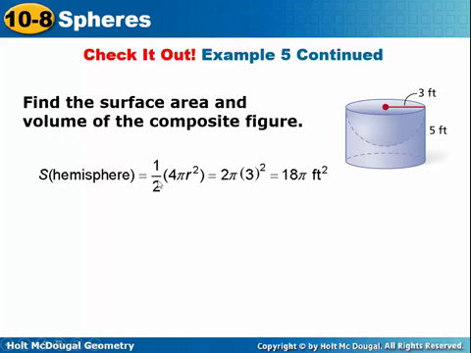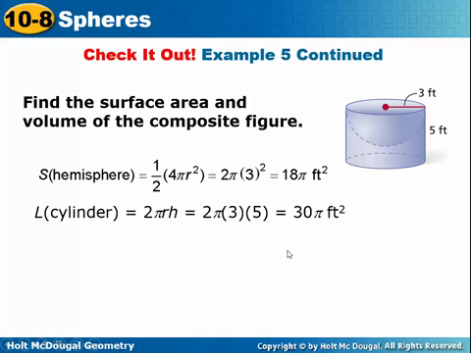So we would take the surface area of the hemisphere, and we need to include that because it's like a hollow drum, you know, that would still be part of the surface area. And then we have to find the lateral area of the cylinder, and then the base of the cylinder is a circle. And then we will add all 3 of these parts together.